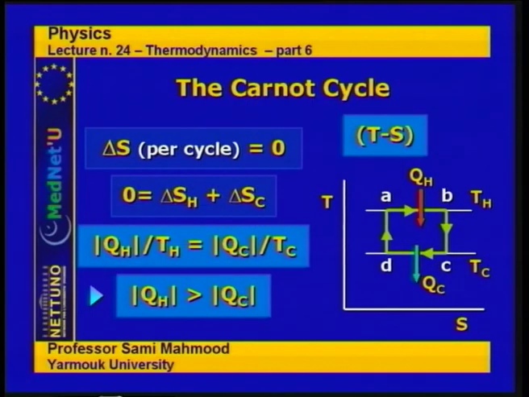And then we have an isothermal compression where the system, the working substance, changes the state from C to D at the same temperature, T sub C. And in the meantime, it loses energy to the lower temperature reservoir.